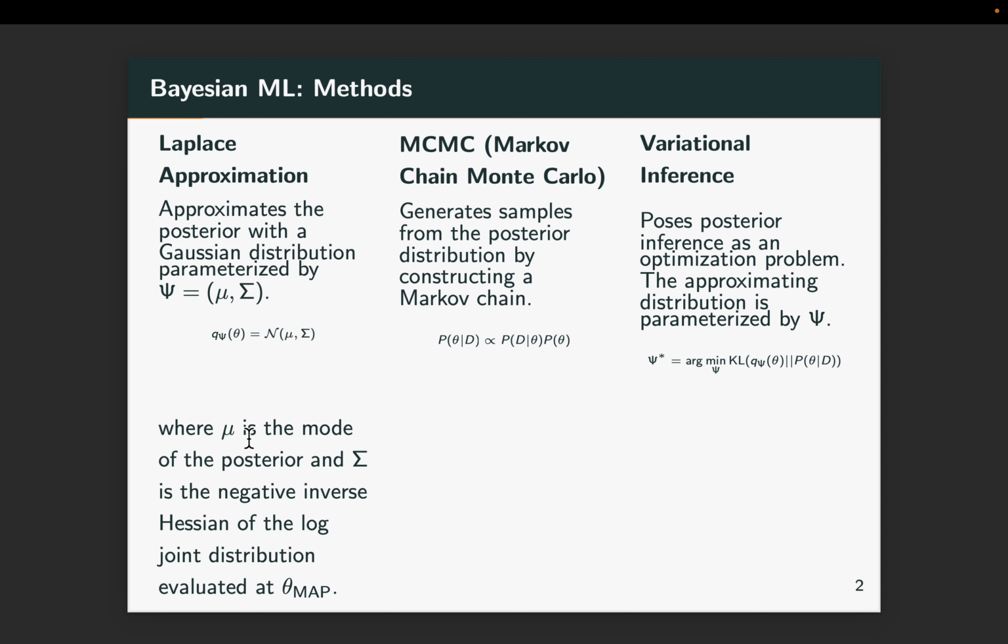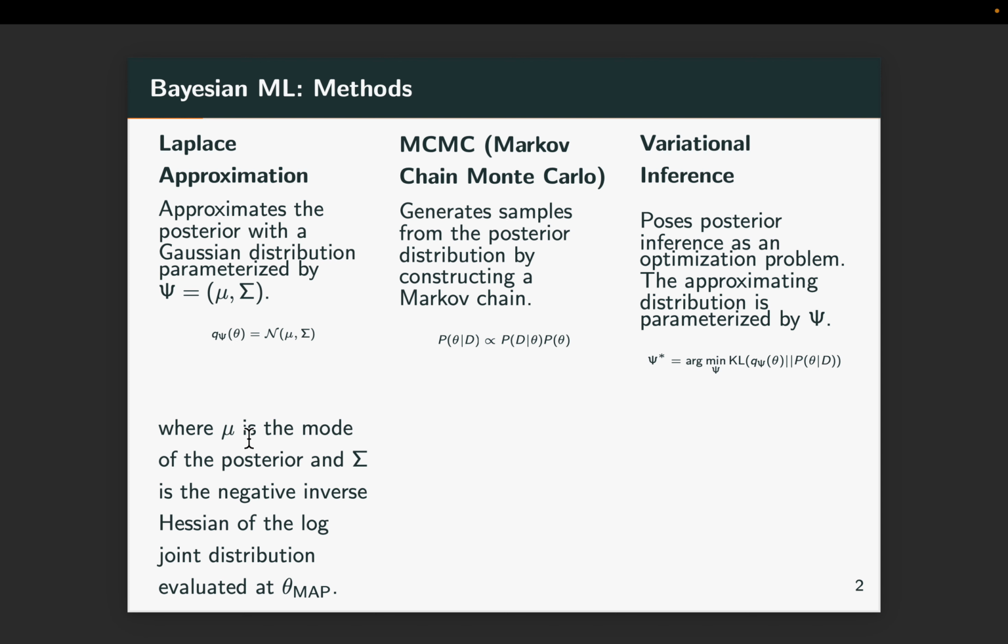Right? For a normal distribution, the psi is mu and covariance matrix. But here we are not restricted to just using the normal distribution. We can use any distribution as our approximate posterior distribution.